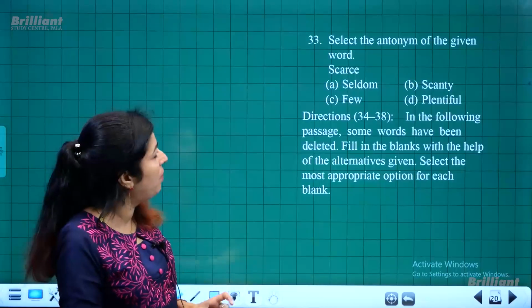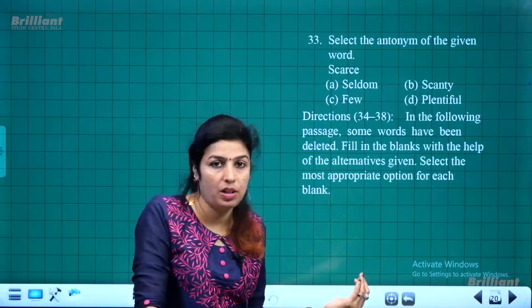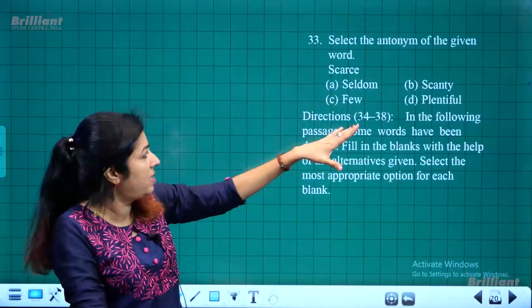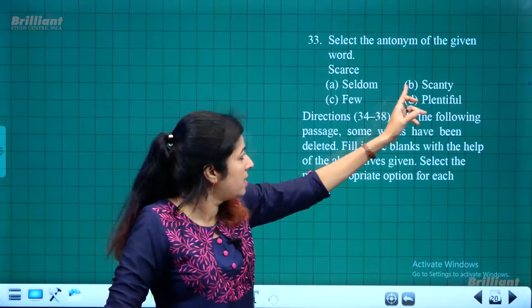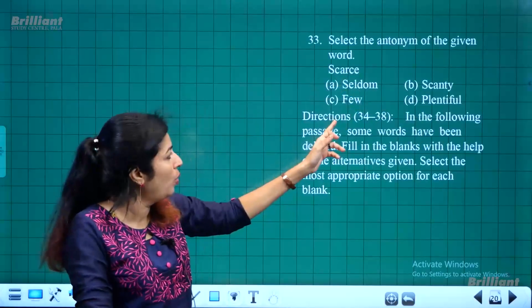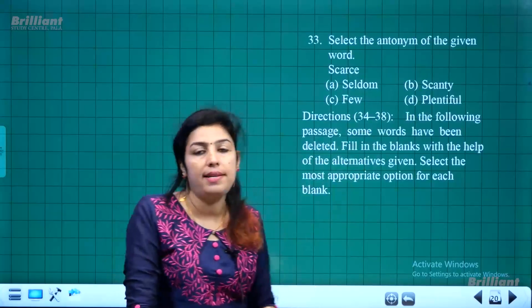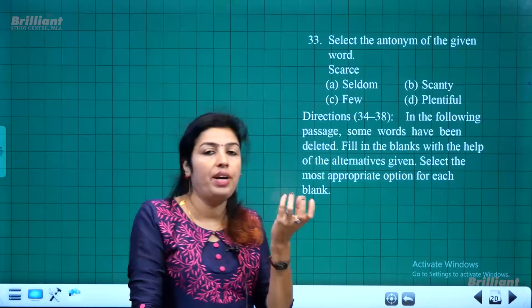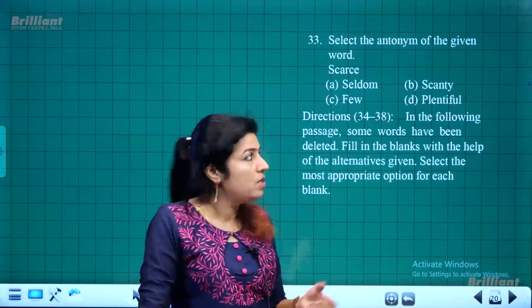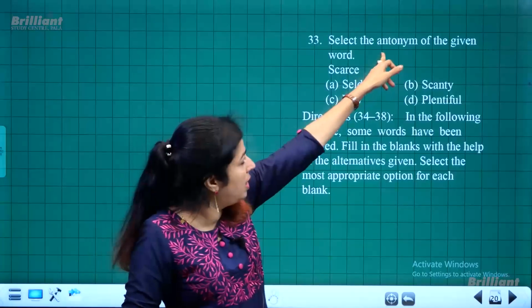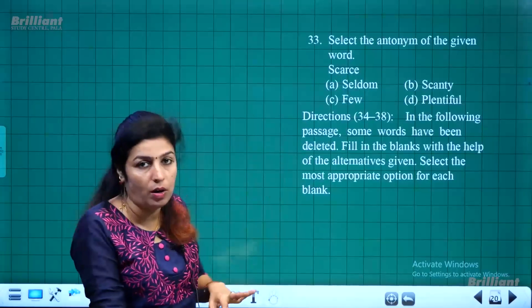Select the antonym of the given word, opposite of the given word. Scarce, seldom, scanty, few, plentiful. Scarce means little or very less in amount. So obviously you have to choose the antonym, that means opposite, not synonyms.